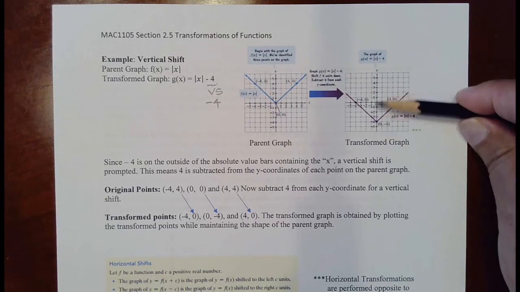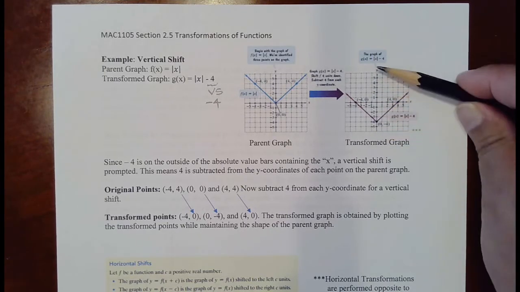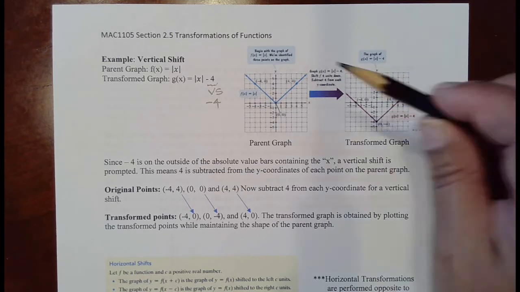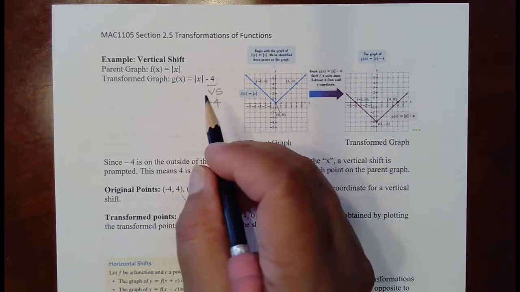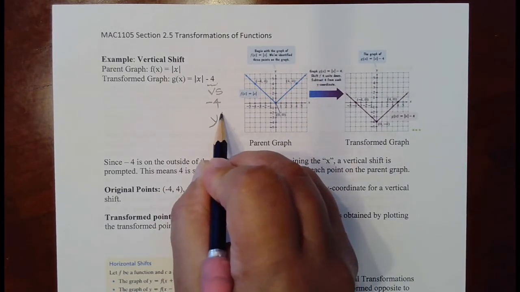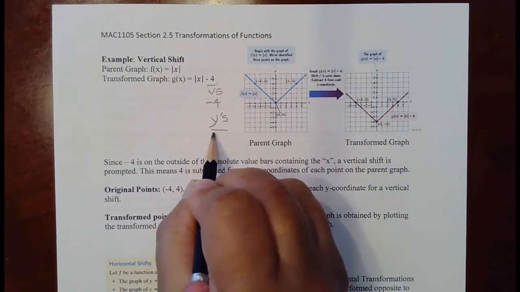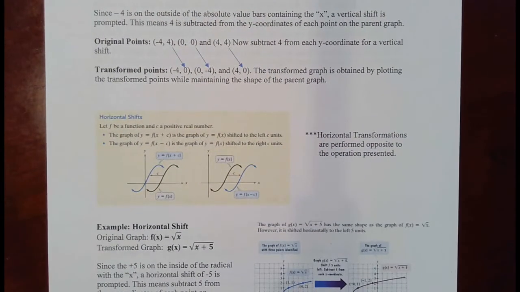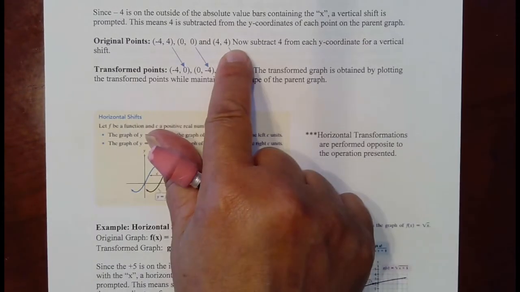So when you do a vertical shift, you're acting upon your y values. Horizontal shifts are moves that act upon the x coordinate, but when you're doing a vertical shift, you're affecting your y coordinate. So with these original points, we're going to subtract 4 each time, but we're only going to do it to the y's, and we're going to leave the x's alone.